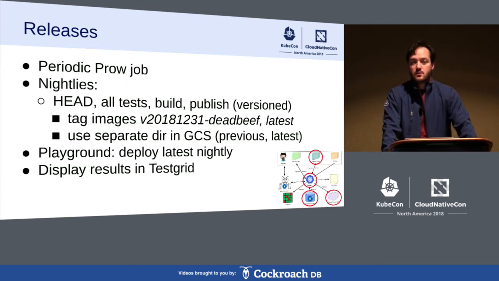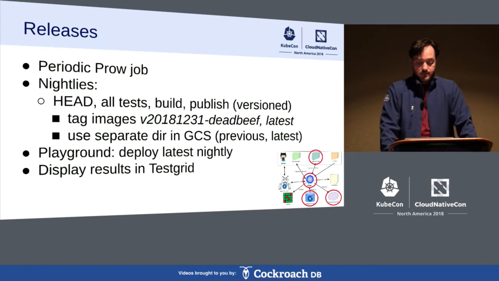So it's pretty easy for anyone wanting to install or use the latest Knative to know what is the latest image. The same goes with the manifests. So we store them in GCS in separate directories with the same kind of tags, but now used to name directories. So you can just select that particular manifest, either latest or at a particular point in time, and you can reproduce whatever situation you want for a release.